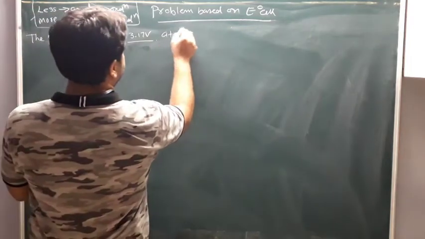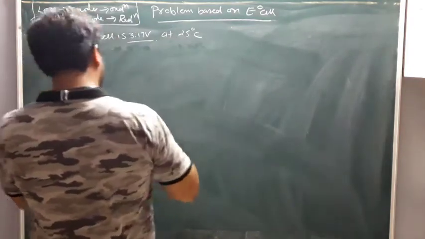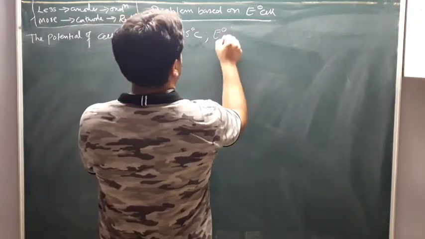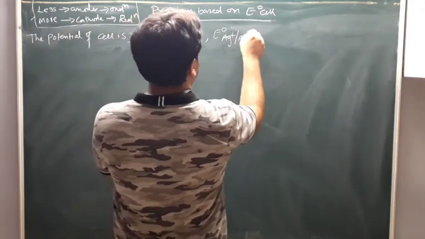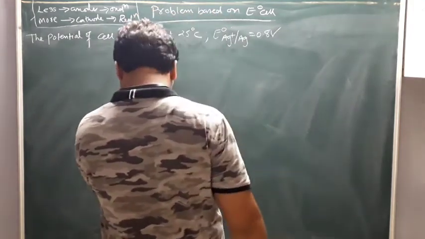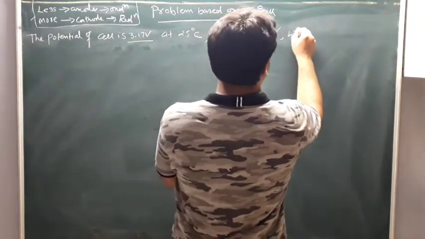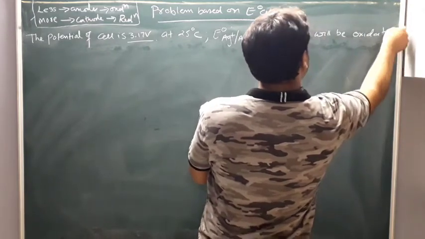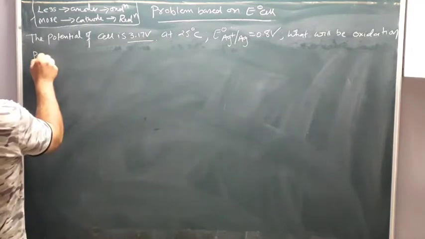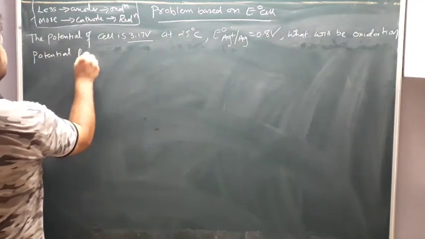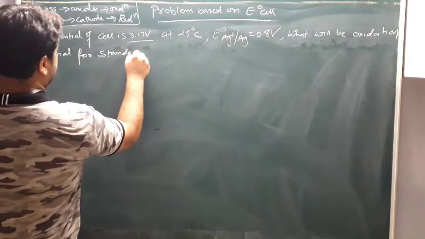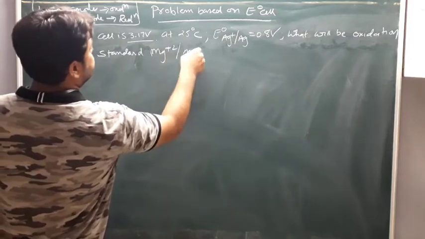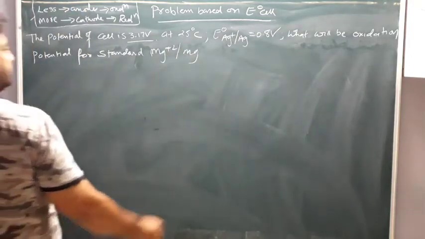At 25 degrees Celsius, if E0 Ag plus slash Ag equals 0.8 volt, then what will be the oxidation potential for the standard Mg plus 2 slash Mg half cell?